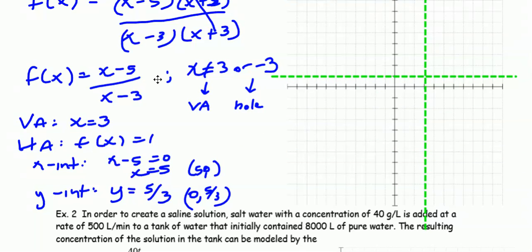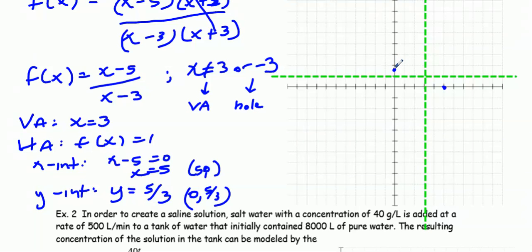And we're going to plot our point (5, 0), and our point (0, 5/3). So that's 1 2/3, which may be around here. Oh, this is nice because I have one point in each quadrant.